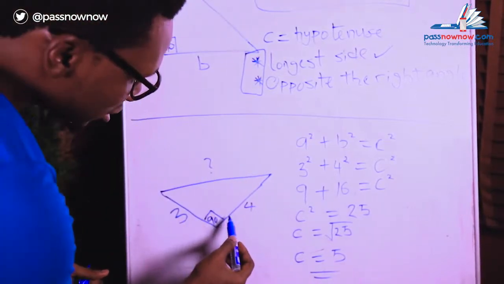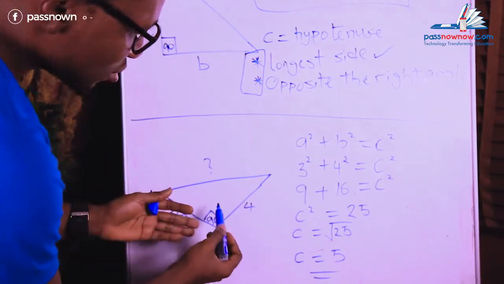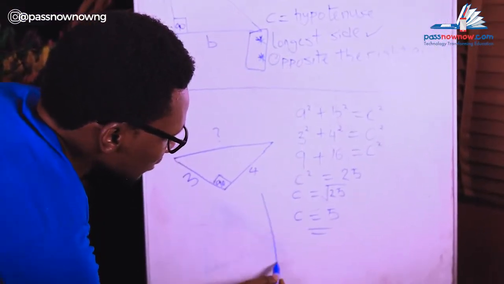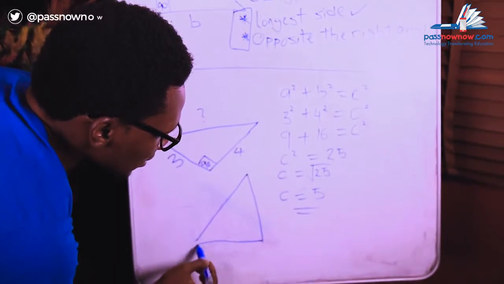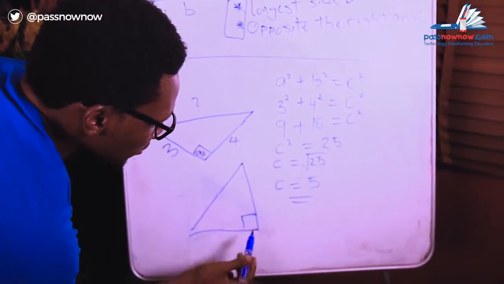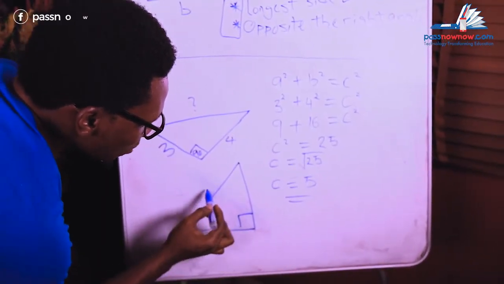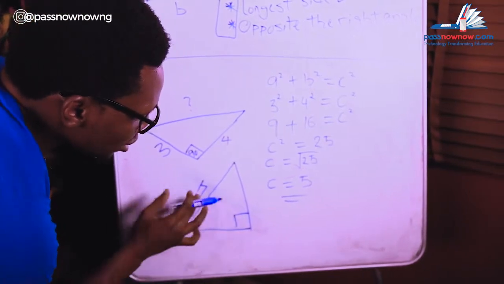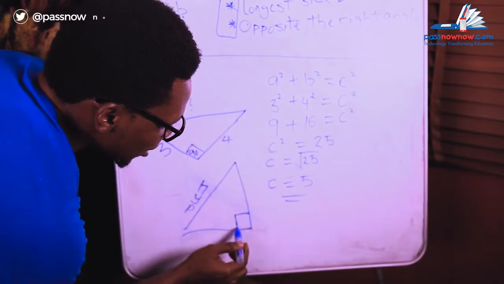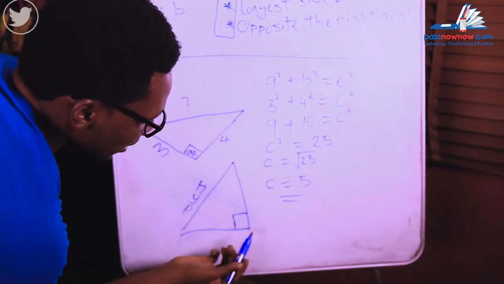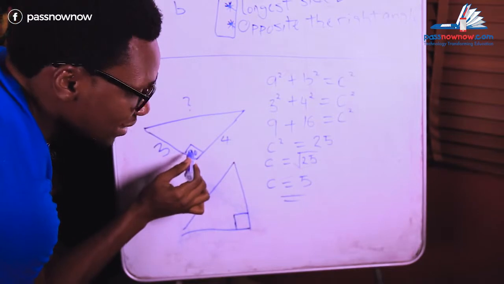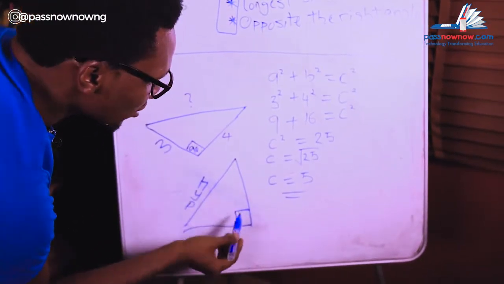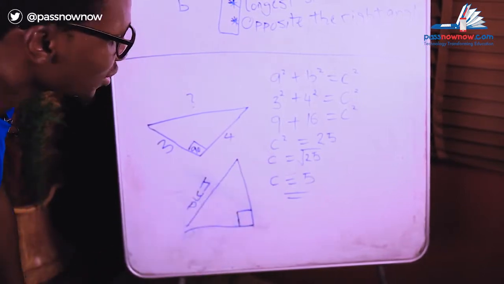Once you see your angle here and you know it's 90 degrees, automatically you already know this is your hypotenuse. They don't have to put 90 degrees here. I'm just putting it here to point it out, so you can easily know what I'm saying. Without it, you can just know this is your right angle triangle.